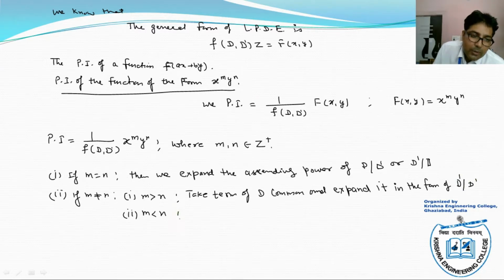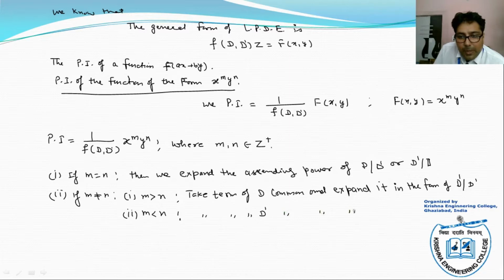Again, if m is less than n, that means the power of y is bigger than the power of x, in this case take the term of D dash common and expand it in the form of D by D dash.